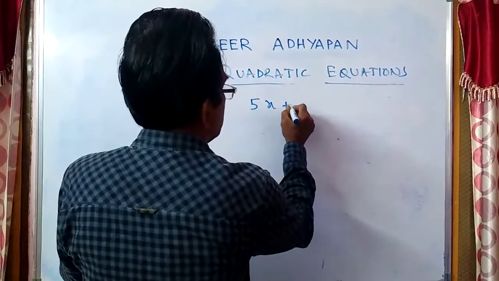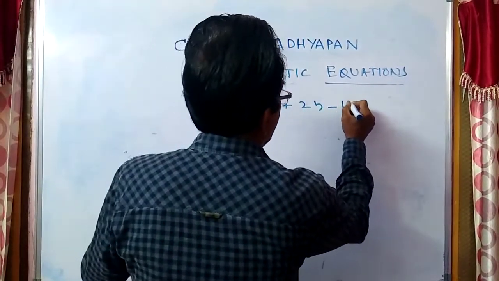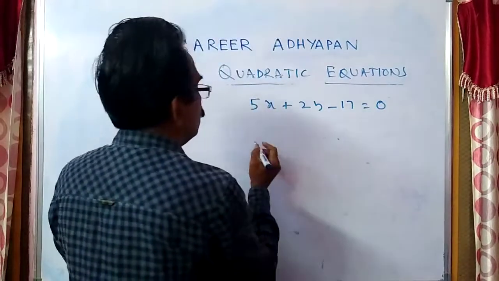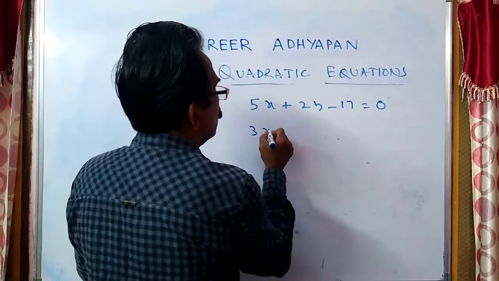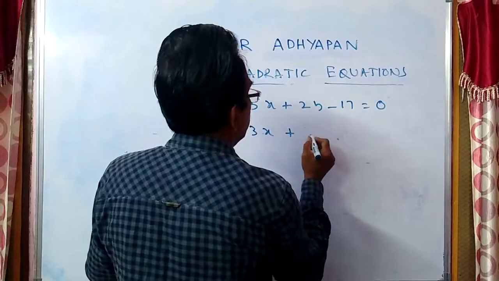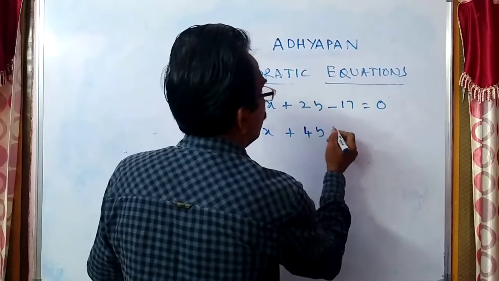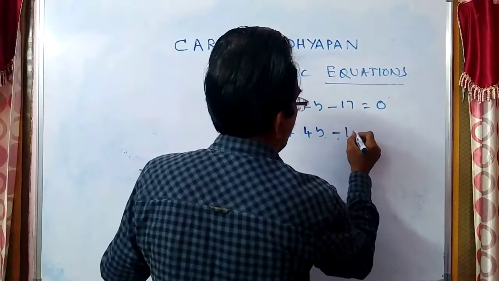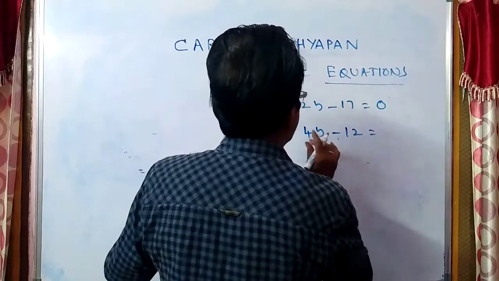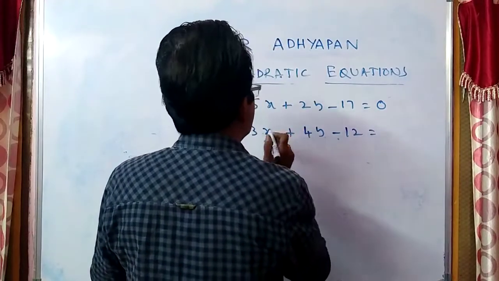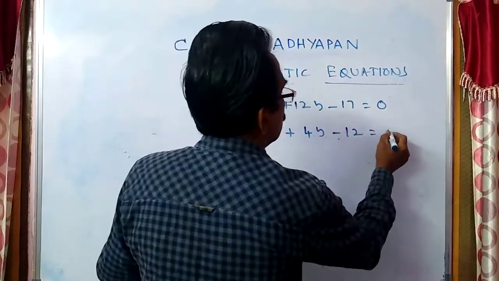Five x plus 2y minus 17 is equal to 0. 3x plus 4y minus 12 is equal to 0.